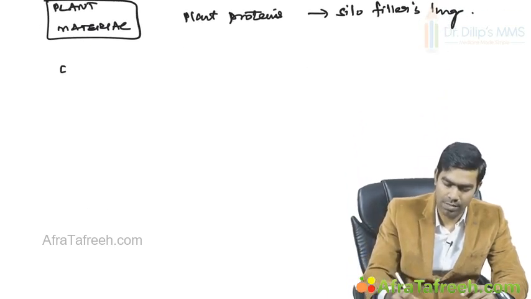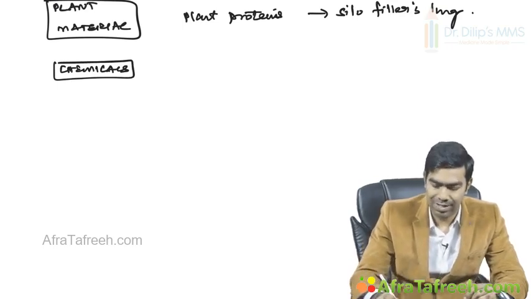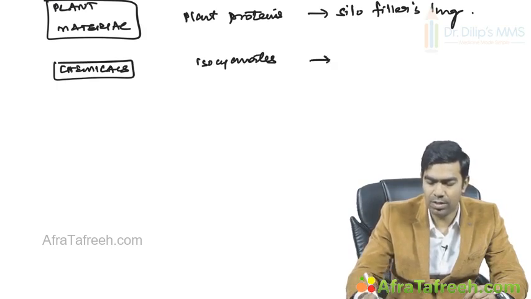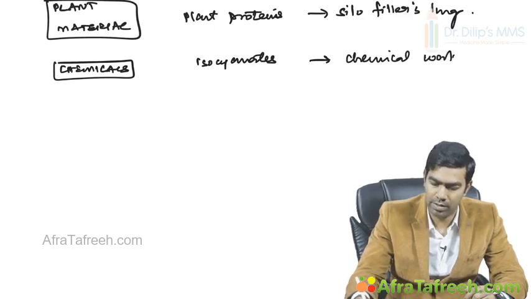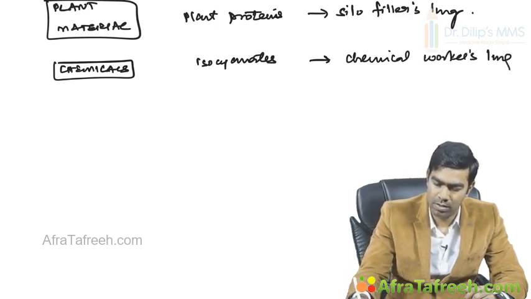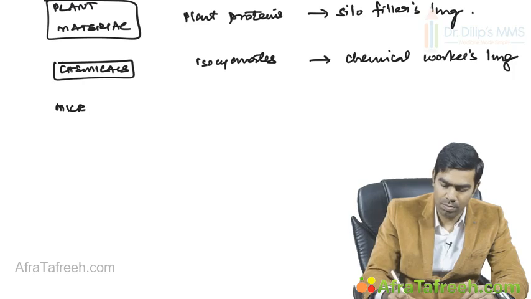Then you also have certain chemical substances that can also cause hypersensitivity pneumonitis, like isocyanates. This is referred to as chemical workers' lung.